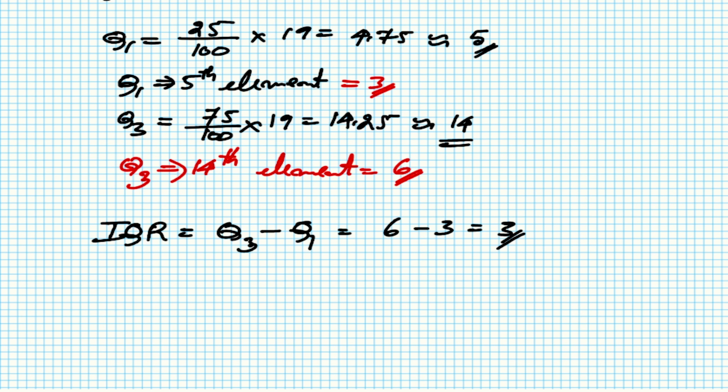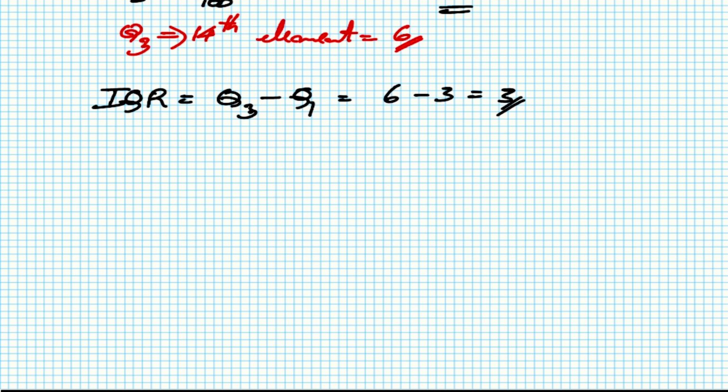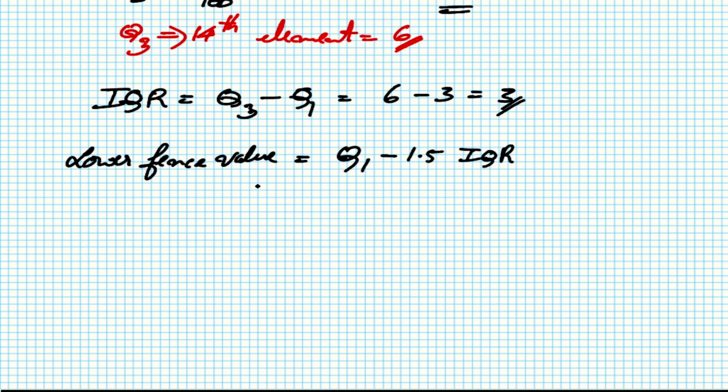After this, I'll go to the calculation of the lower fence value. From the calculation of Q1, Q3 and IQR, there is a next step to be calculated. Again, this is the standard equation: lower fence is Q1 minus 1.5 times IQR, the standard equation used in IQR based outlier detection.